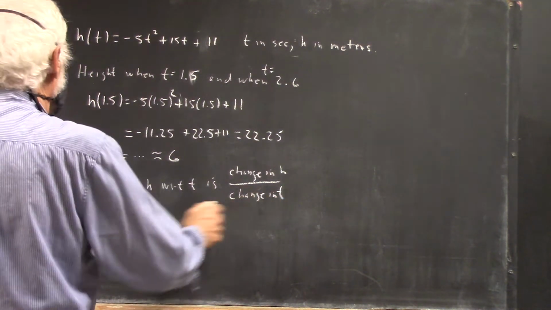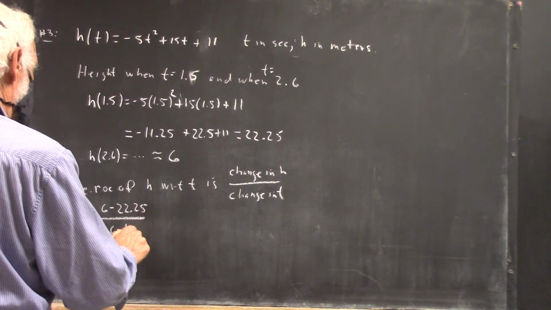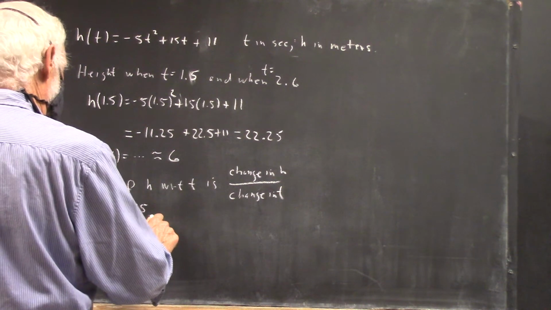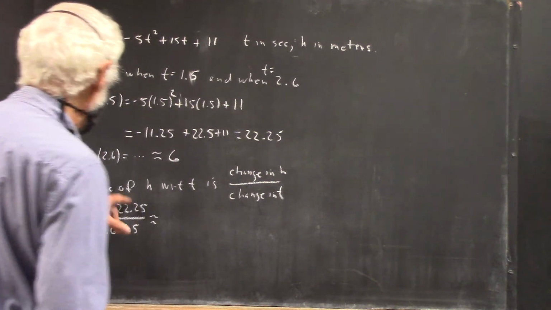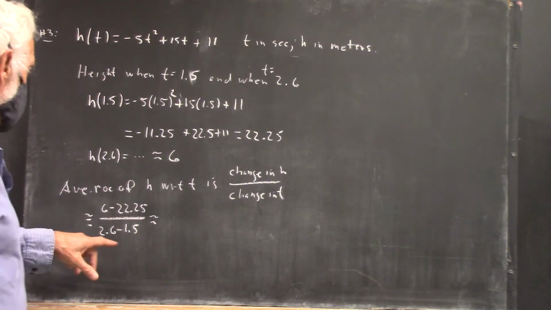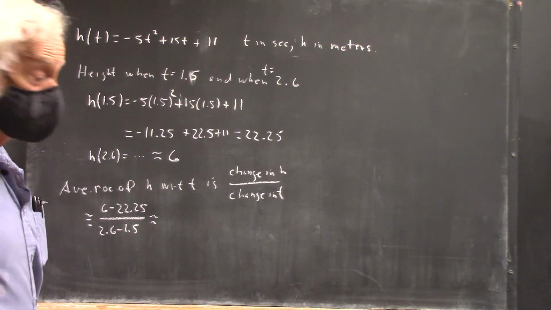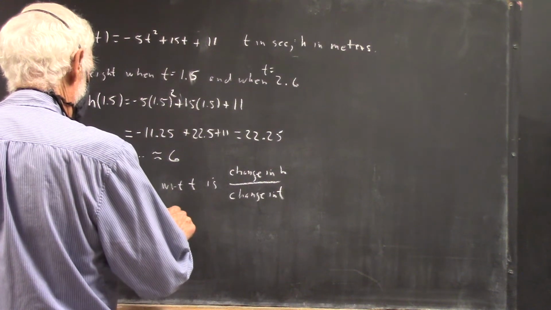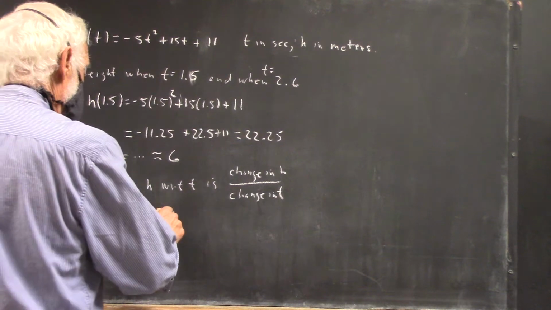And the change in T is from 1.5 to 2.6. Okay? This is approximately what? That's about negative 16. And this is about 1.1. Okay, and 10% less than 16 is about 14. So I'm going to say about negative 14.